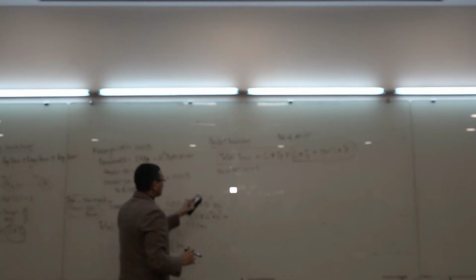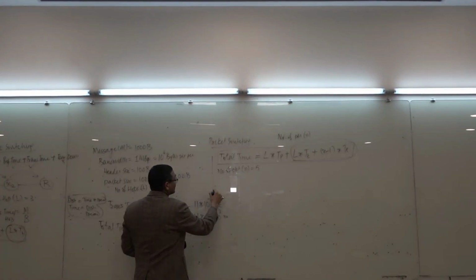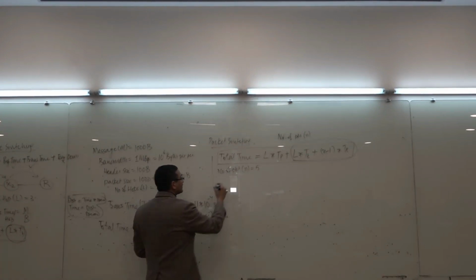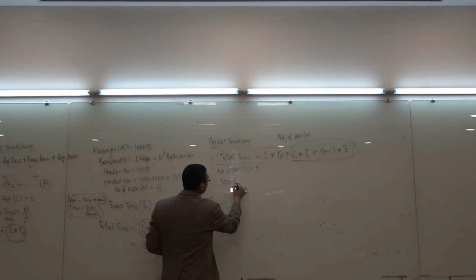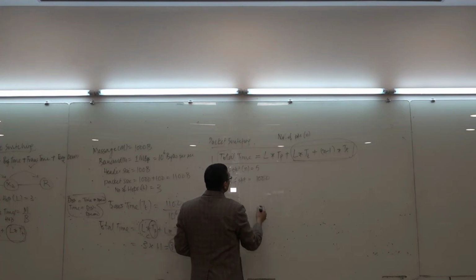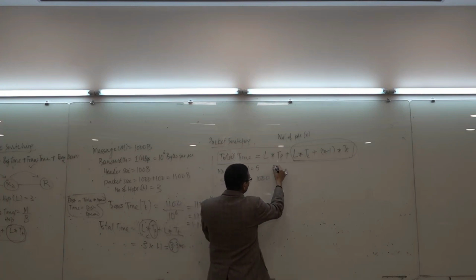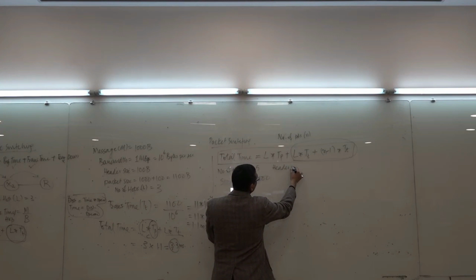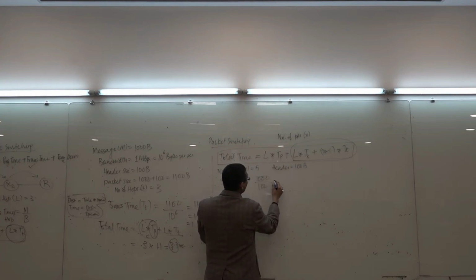Then what is the size of the packet? The size of the packet will be what? It will be 1000 by 5, and also we are assuming that the header will be 100 bytes, so this will be 1000 by 5 plus 100.